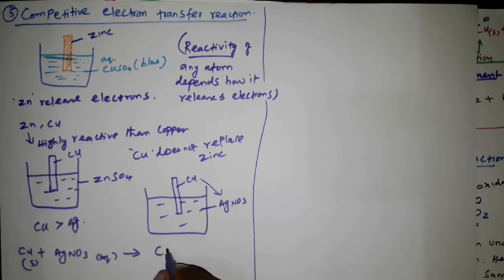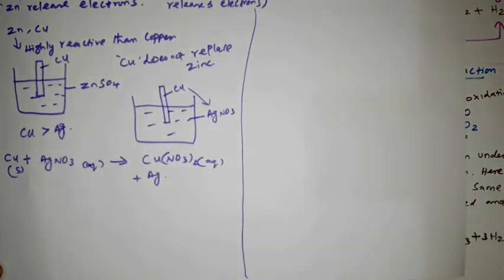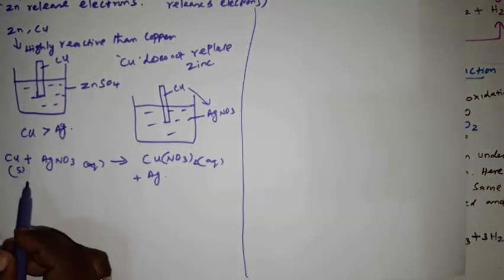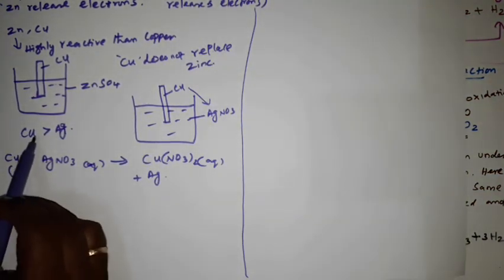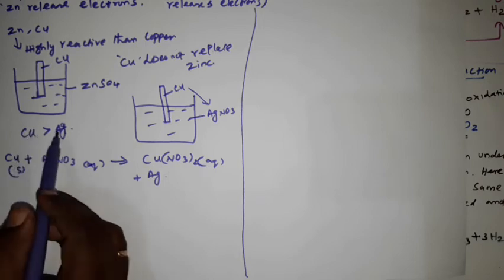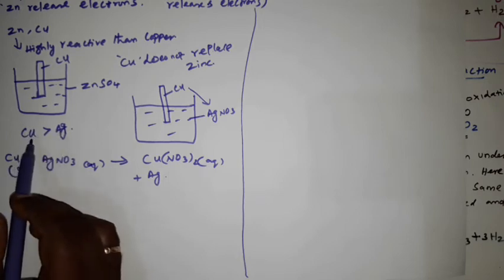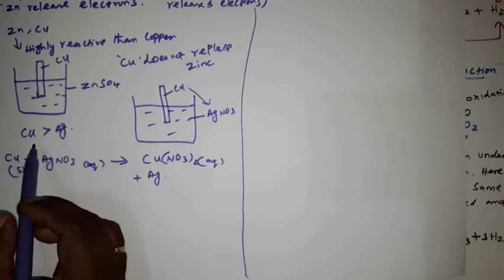You will get the product copper nitrate Cu(NO3)2, aqueous, plus silver Ag. Okay. So now I hope you understood the concept. Here the copper releases electrons more readily than silver. So we call copper highly reactive.